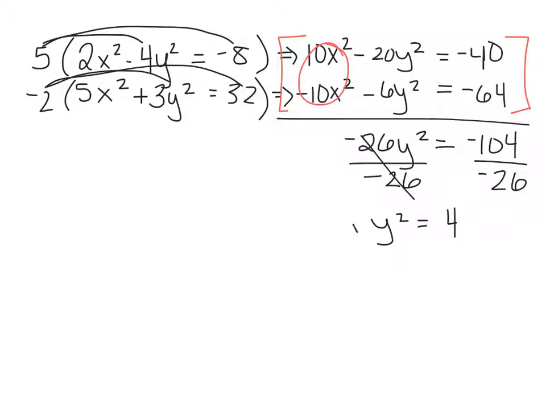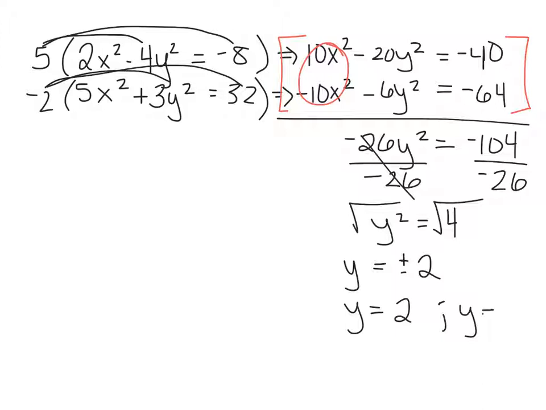So I'll take the square root of y squared, which gives me a single y. Whenever you take the square root, we want to do plus or minus beside it. So this becomes plus or minus the square root of 4, which is 2. That means y equals a positive 2 and y equals a negative 2.